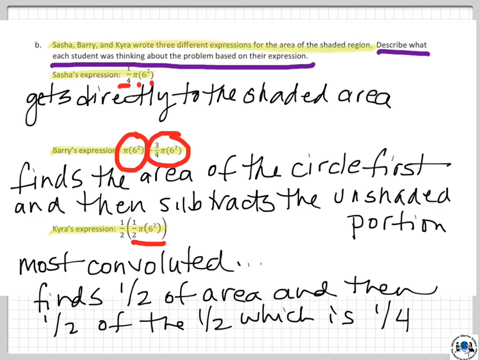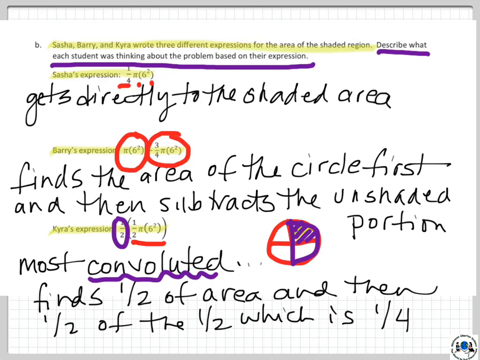We had this here, and we're trying to find this portion. First she's finding half of it. Actually, I should probably put it on the other side. She's finding that, and then she's taking half of that, which is what she wants. But it still seems quite convoluted, too many steps.